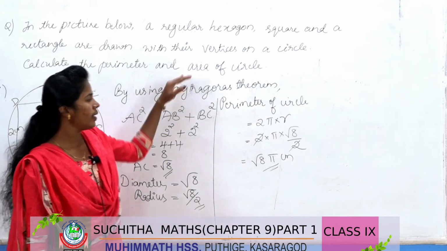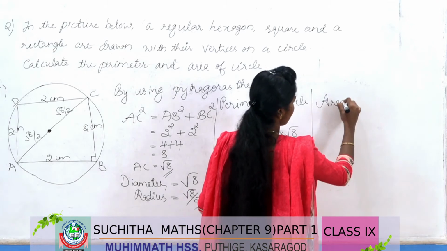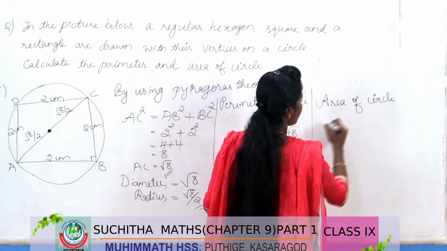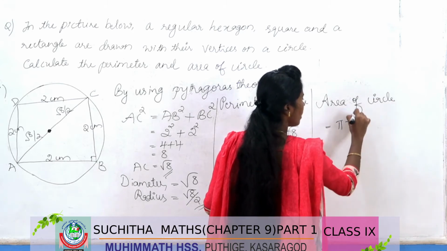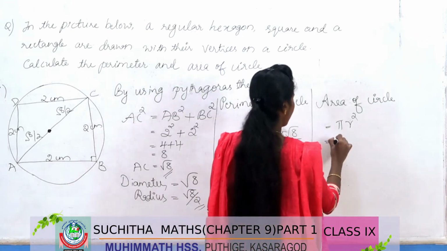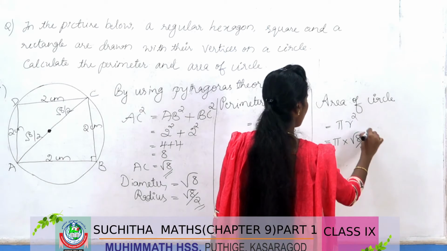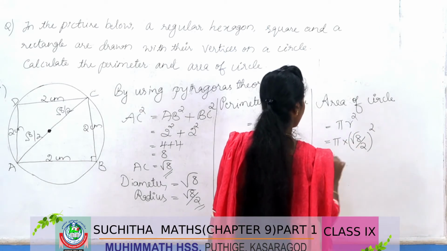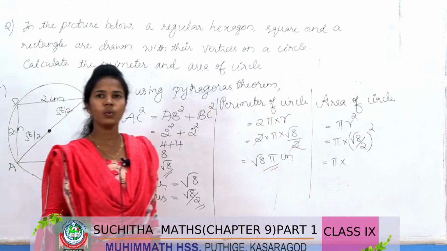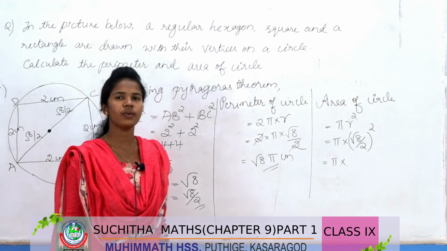Then calculate area of circle. Area of circle is pi into r square. R is radius. That is pi into root 8 by 2 whole square. That is pi into root 8 square, root 8 into root 8, that is root 64. Root 64 is 8.